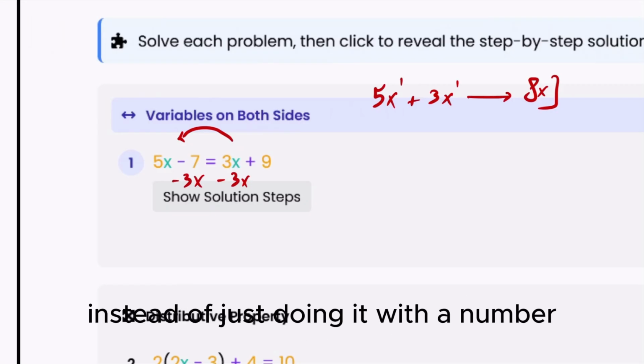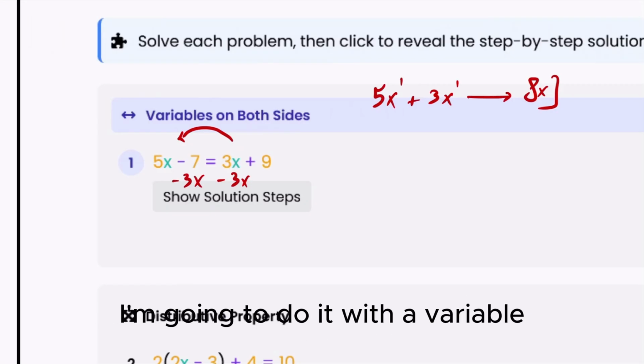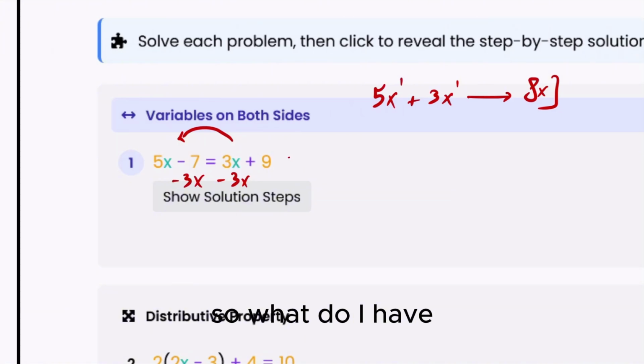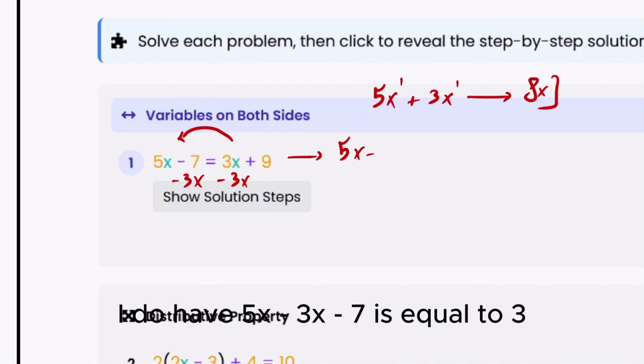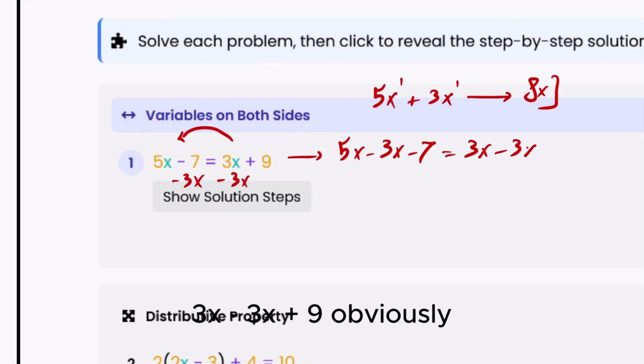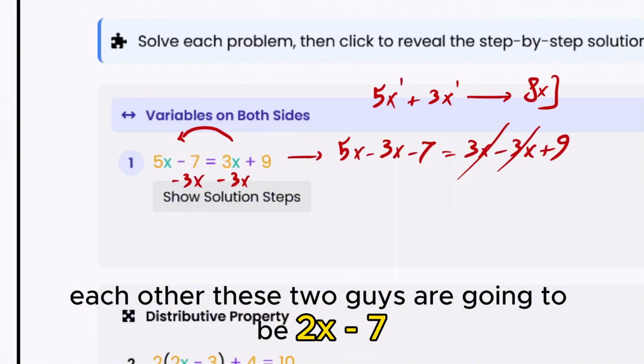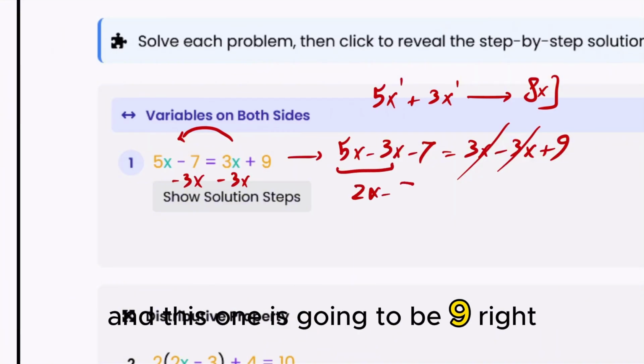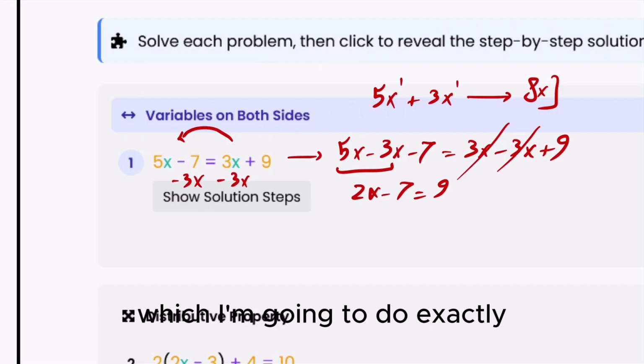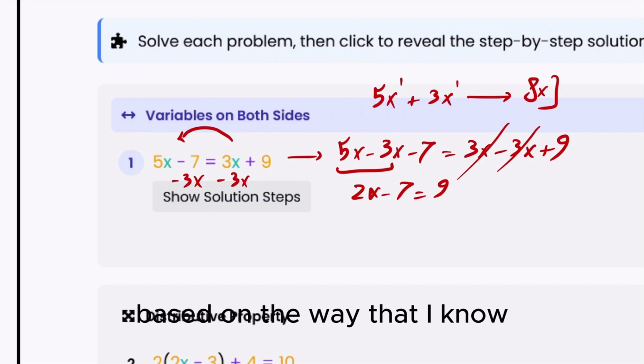This time, instead of just doing it with a number, I'm going to do it with a variable. So what do I have? I do have 5x minus 3x minus 7 is equal to 3x minus 3x plus 9. Obviously, this guy and this guy are going to cancel out each other. These two guys are going to be 2x minus 7, and this one is going to be 9. Right now, I do have the two-step equation, which I'm going to do exactly based on the way that I know.